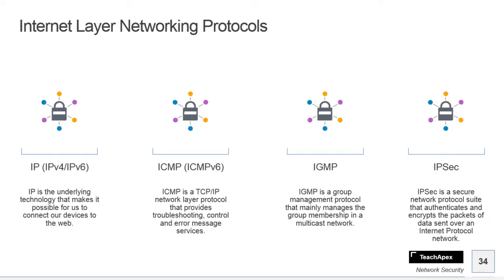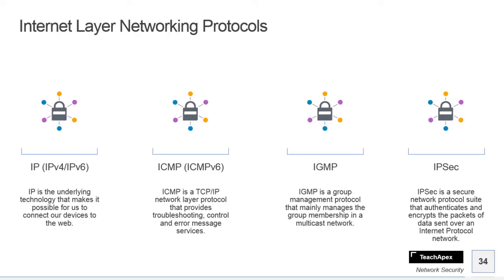Same as IP, we have ICMP version 4 and version 6. Today we are using version 6. Then we have IGMP, group management protocol, that mainly manages the group membership in a multicast network.